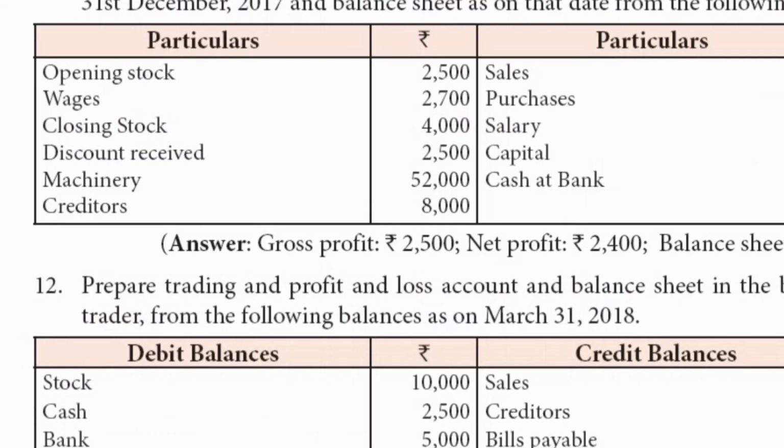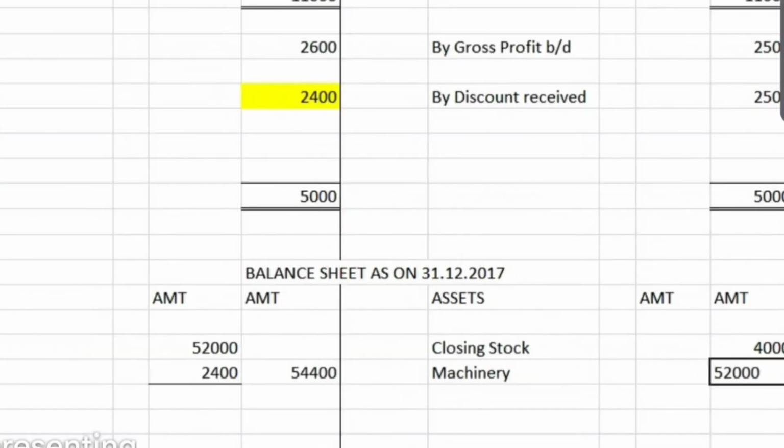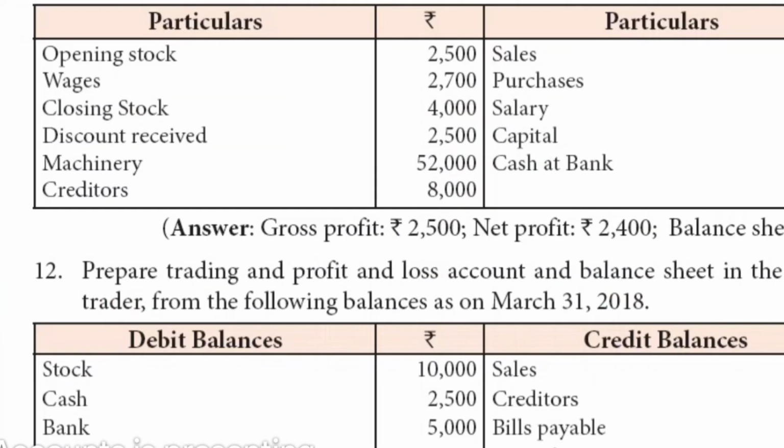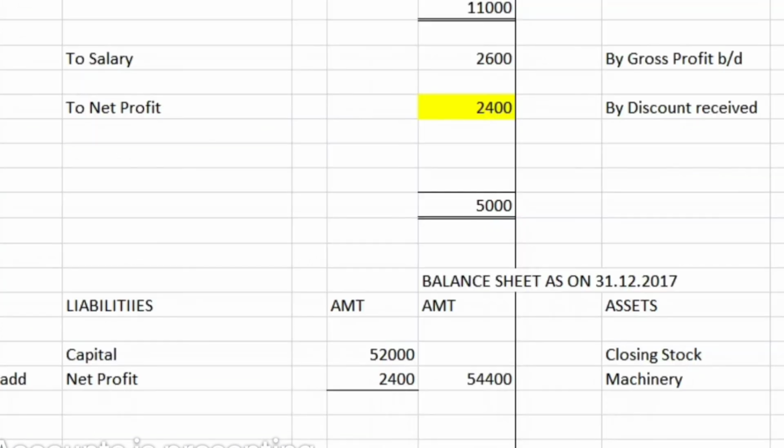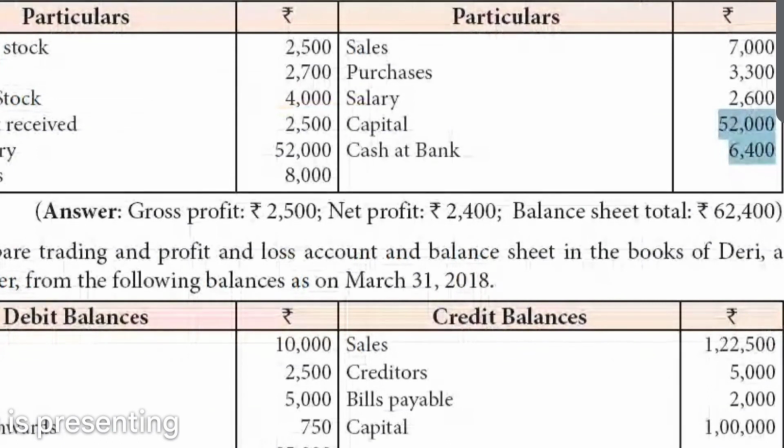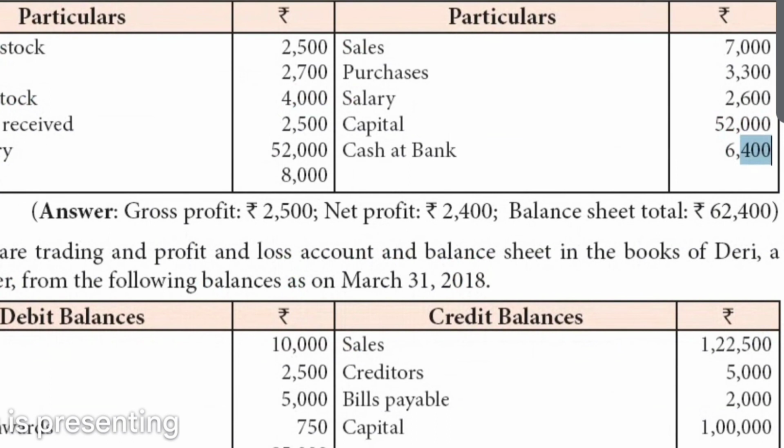Next we have discount, finish. Machinery for 52,000. Next item we have is creditors. So creditors are the people whom we have to pay. So it's a liability for us. Sales over, purchase over, salary over, capital over. Lastly we have cash at bank 6,400.